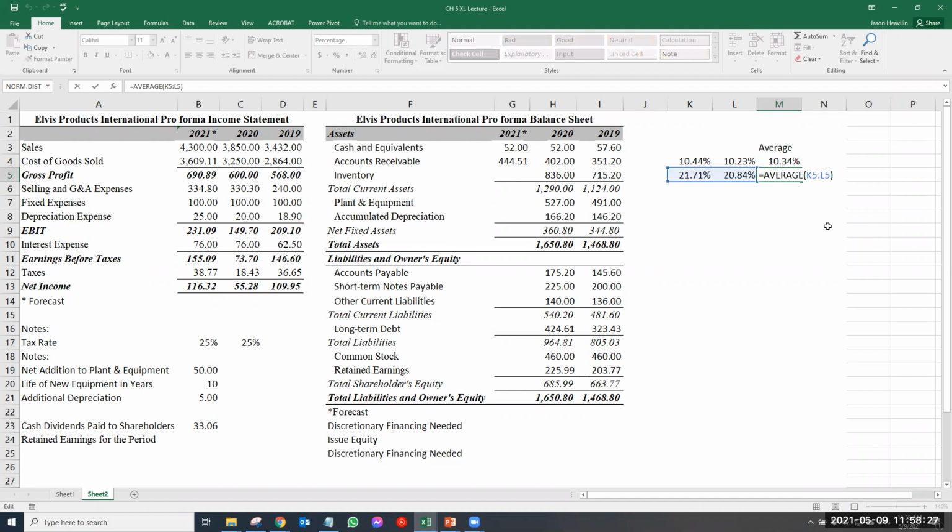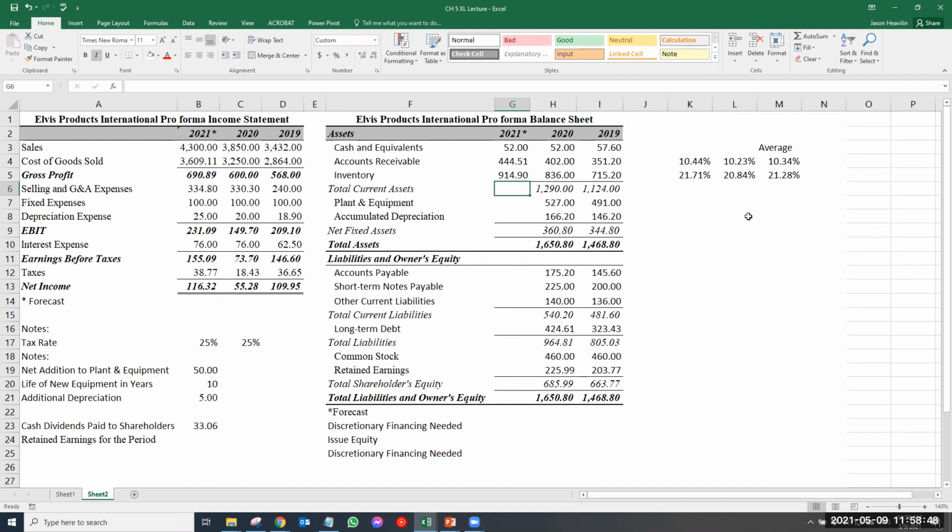So as you move them or drag from cells, it will move the formula with it. So I can go ahead and equal to the sales of 2021 multiplied by the average inventory percentage based on sales. And that's our forecast for that.